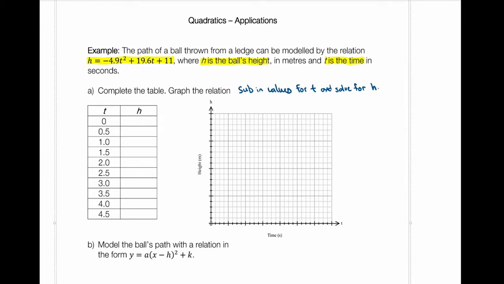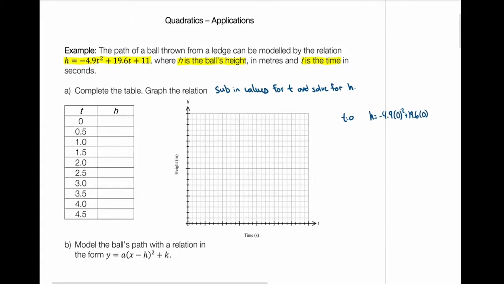So, just as an example, for the first one, when t equals 0, we have h equals negative 4.9 times 0 squared plus 19.6 times 0 plus 11, and we get h equal to 11.